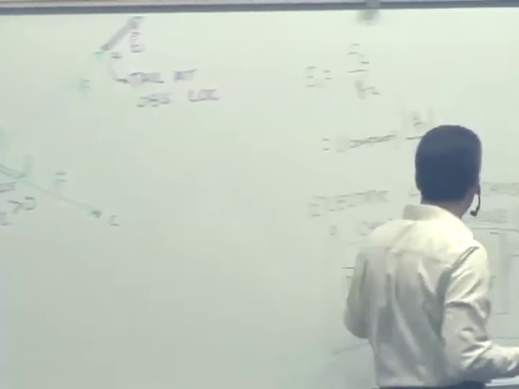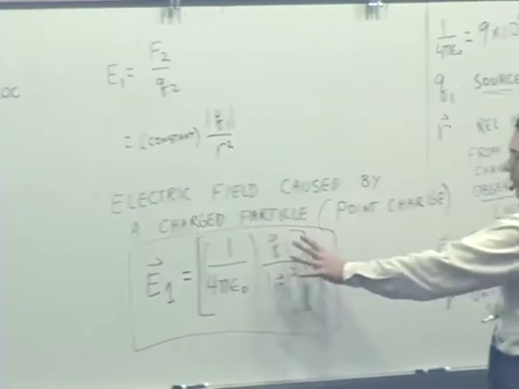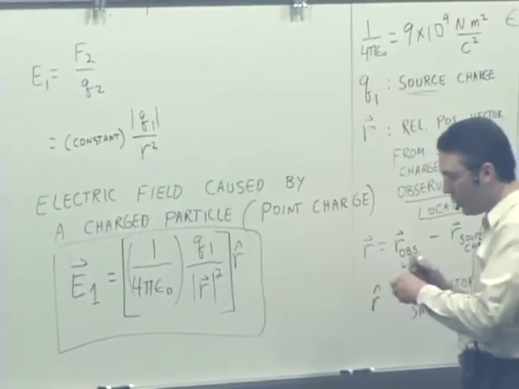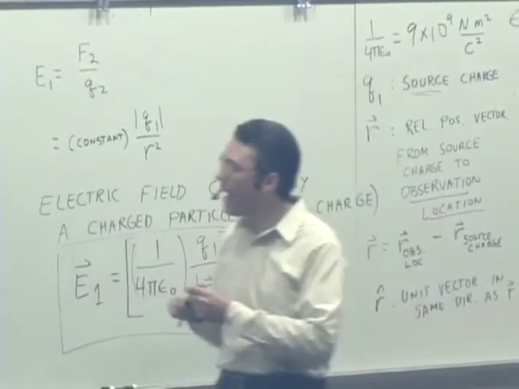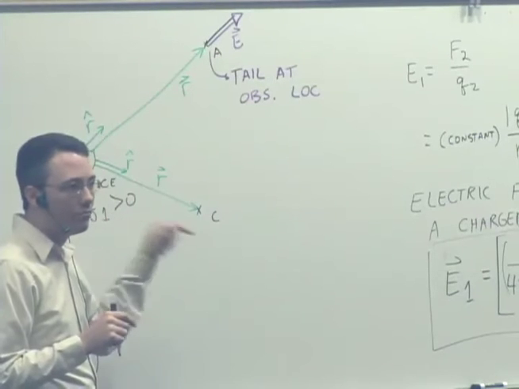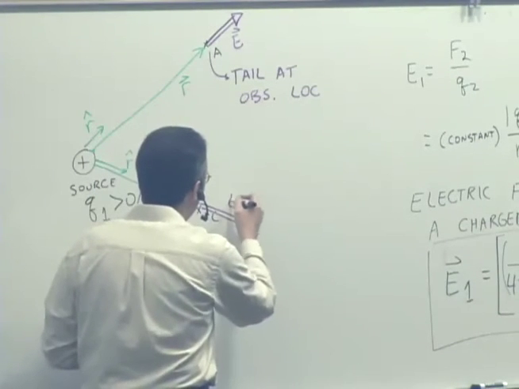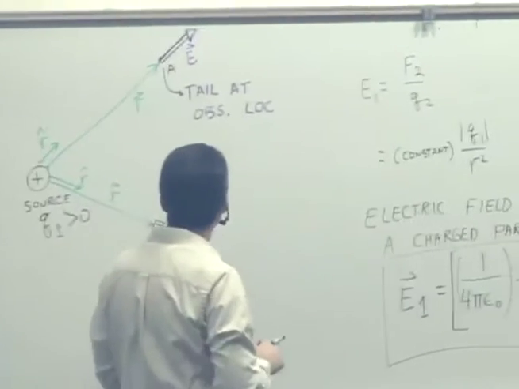So I'm taking this positive constant and a positive charge and a positive magnitude here, all multiplied by R hat. So the electric field that I would draw at C points same direction as R hat, right? Points away from the source charge.